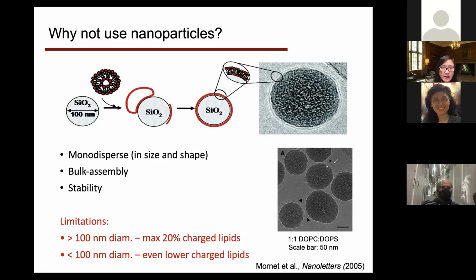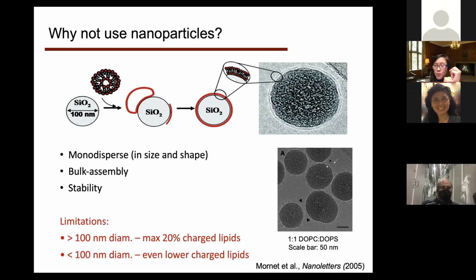However, there are limitations as to how much charge you can put in that lipid and still be able to successfully coat the surface. What you want is to be able to coat it completely so that you don't expose the silica surface to interact with the environment.